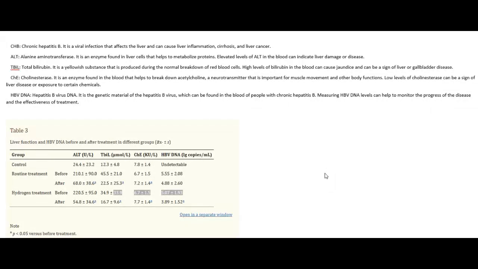For example, after treatment, for the control group it was 22.5 plus minus 25.3, and after the hydrogen treatment it was 16.7 plus minus 9.6. I mean, it's not a great difference.